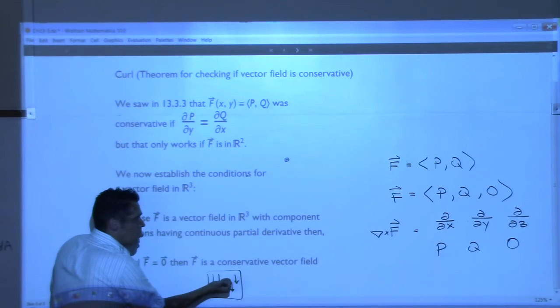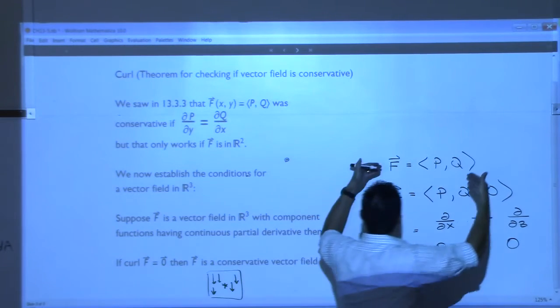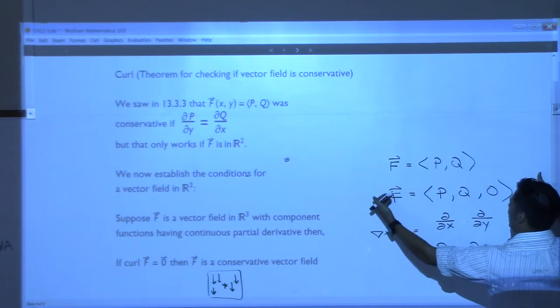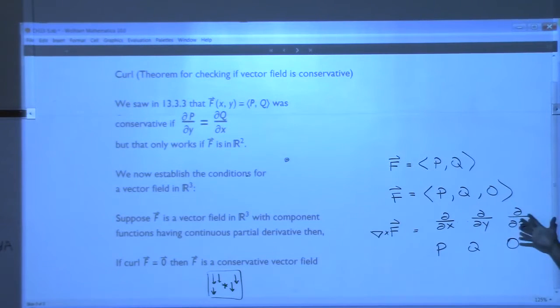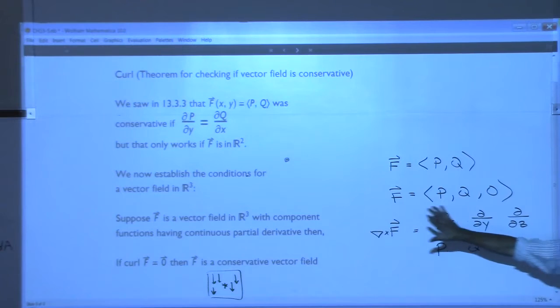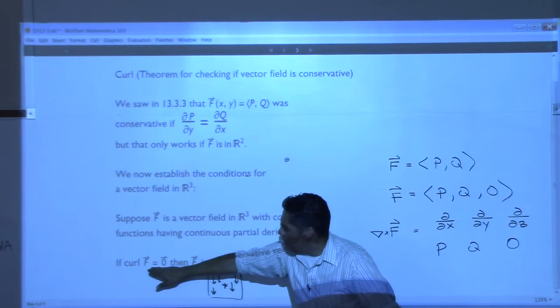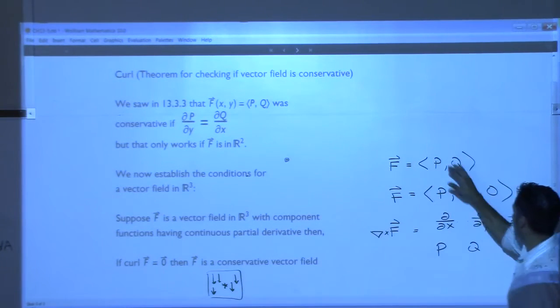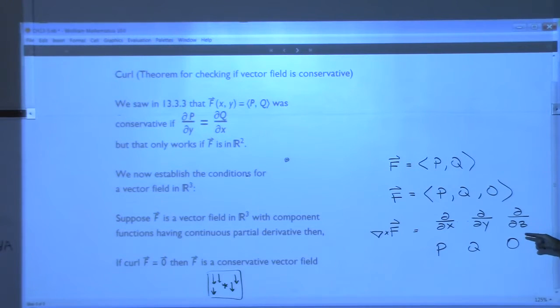So if I give you a vector field in 2-dimensional space, we extend it to 3-dimensional space, the only part of this thing that matters is the z component. Because that's the part that comes out, right? In order for this thing to be conservative, I need the z component to be 0.